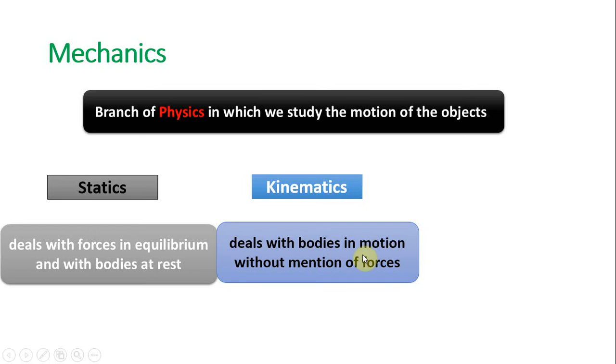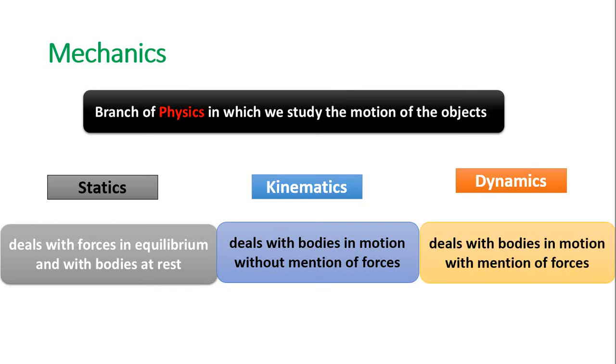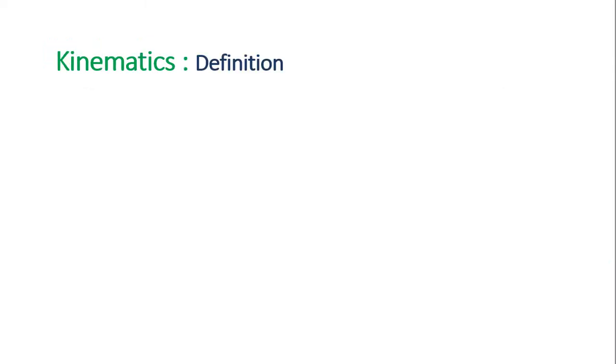But once we are interested in knowing the cause of the motion, that is force, then the sub branch of mechanics is called dynamics. So in dynamics we deal with the motion of objects, but we also consider the forces.